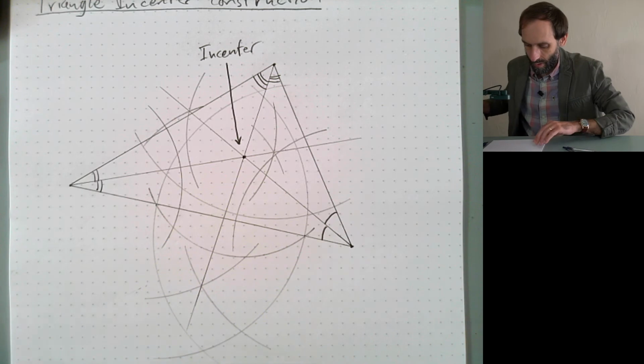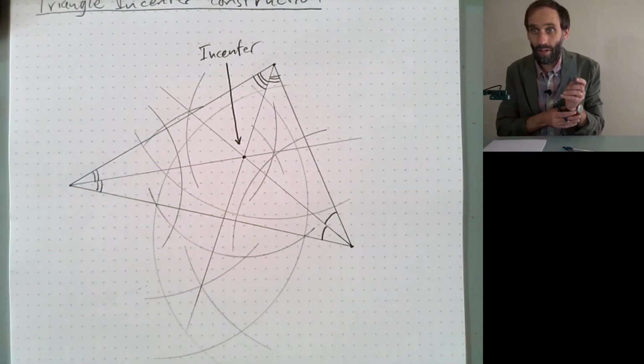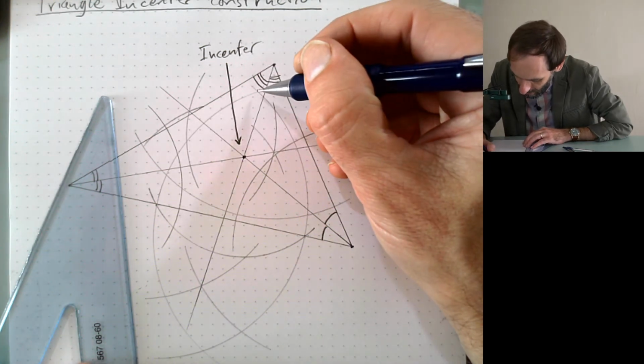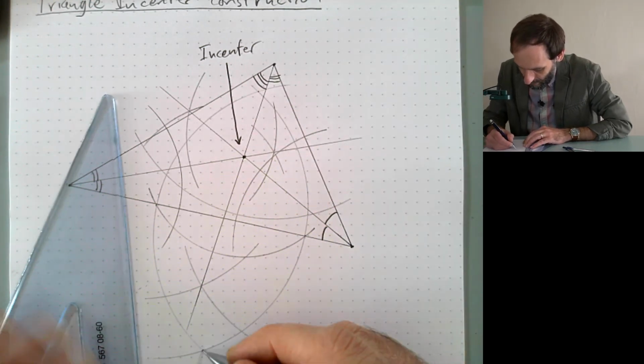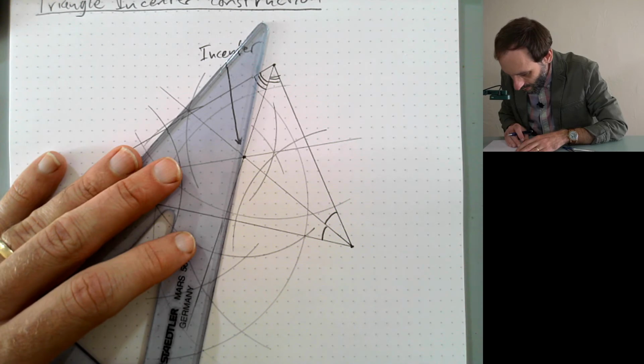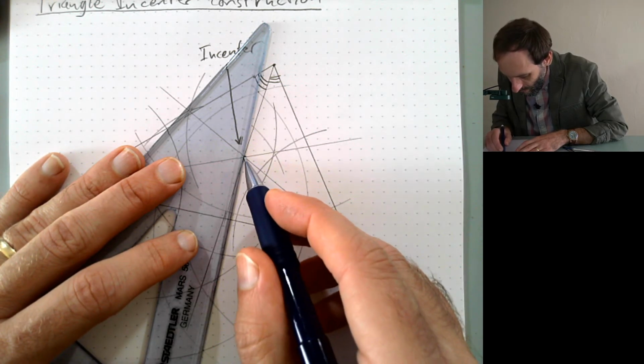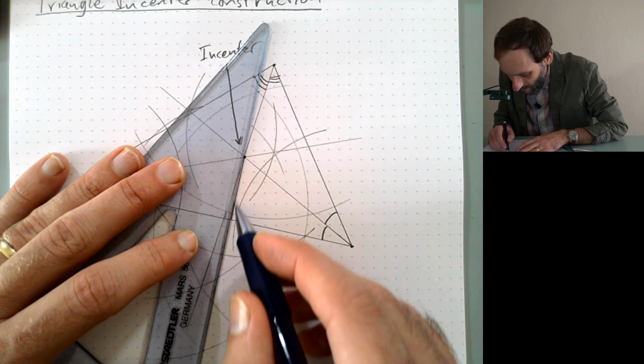Okay. Now, as you can see, we're getting a lot of arcs, so we can start to lose track if we're not careful. But the intersection points are up here and down here. And let's go ahead and line those up. Okay. So the perpendicular is right there.